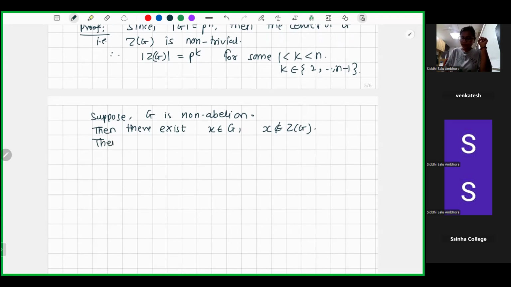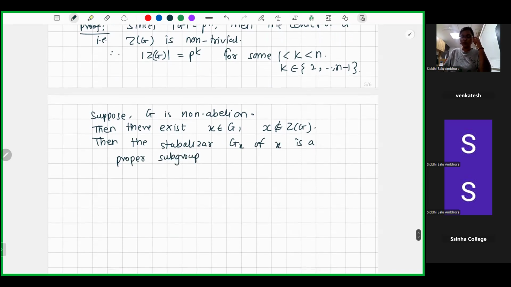Then the stabilizer G_x of x is a proper subgroup.